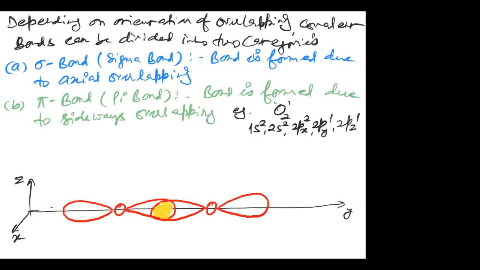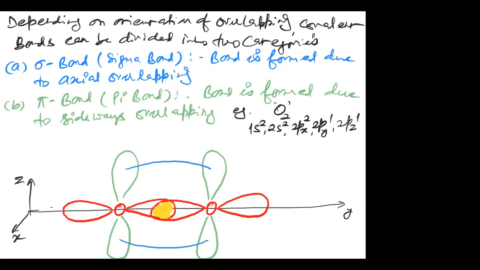It is axial overlapping, but simultaneously, as far as the 2py orbital is concerned, it is also half filled, and here we have sideways overlapping in the 2py and 2py orbitals. So this bond is formed due to sideways overlapping, and it is pi bond.